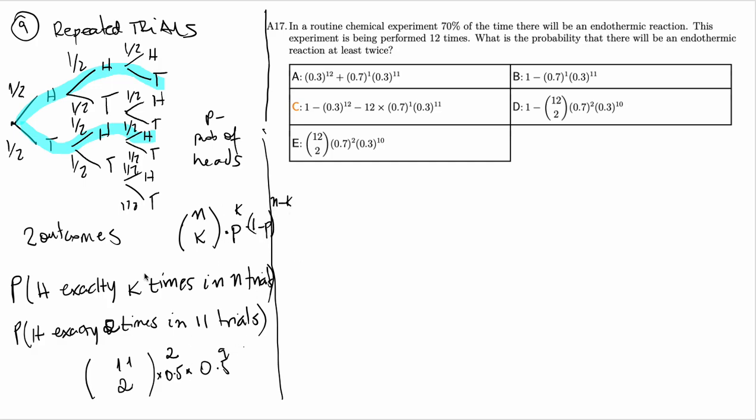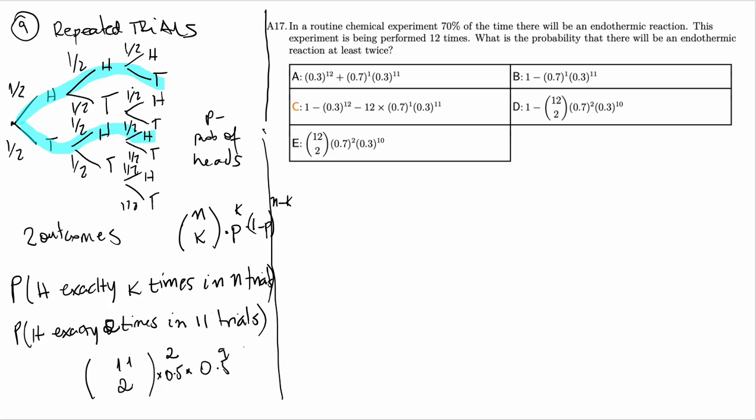So this is the formula. Okay? It's to the power of 2, yeah. This is to the power of 2. Yeah, it's 0.5 times 0.5, right? Which is the same thing as 0.5 to the power of 2.